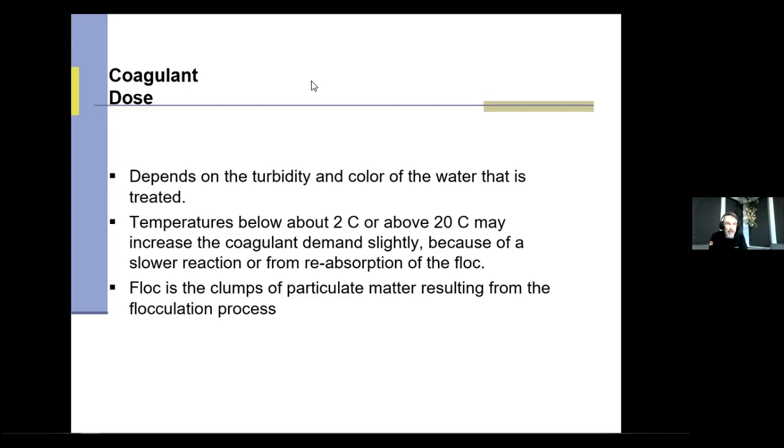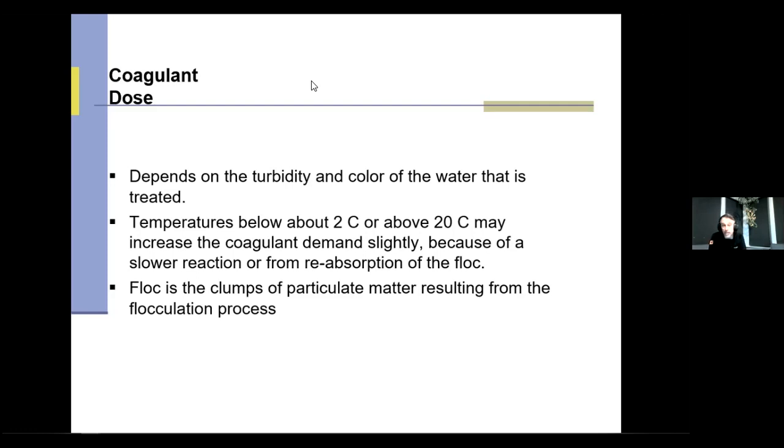So when I have more color and turbidity coming to my facility, I'm going to have to put more coagulant into that water. Temperature also makes a big difference. The range between 2 degrees and 20 degrees is going to increase the reaction.